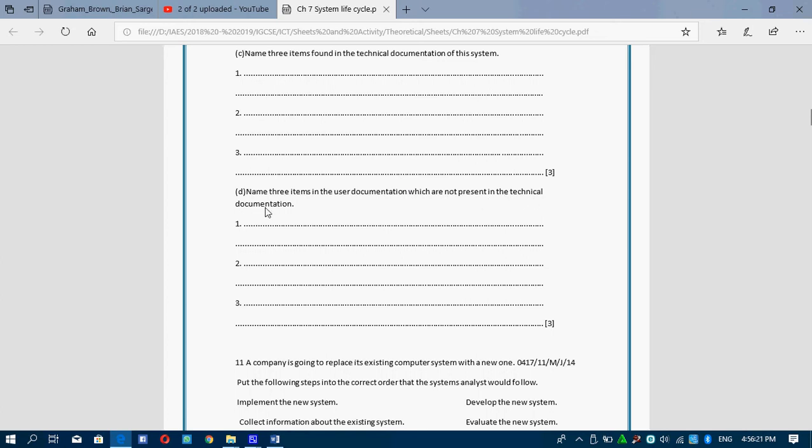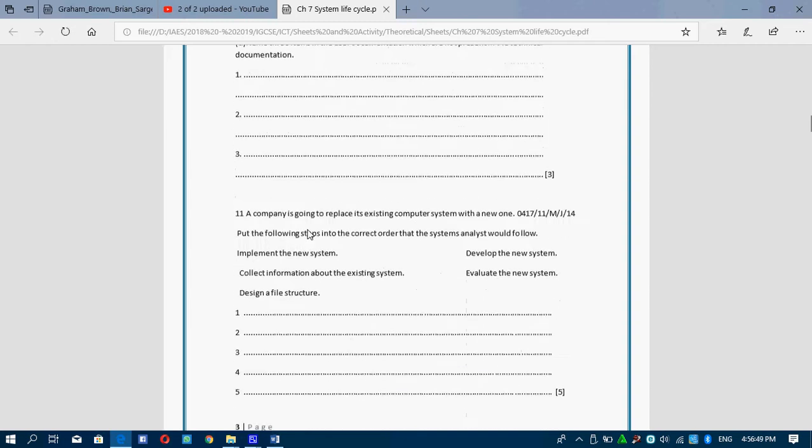So you will not say the things which we said that we find in both of them, like hardware and software requirements, purpose of the system, limitation. You will not say it in this question. You should add a new thing which does not exist in the technical. So we will write how to save, how to open, how to add a record, how to delete a record.